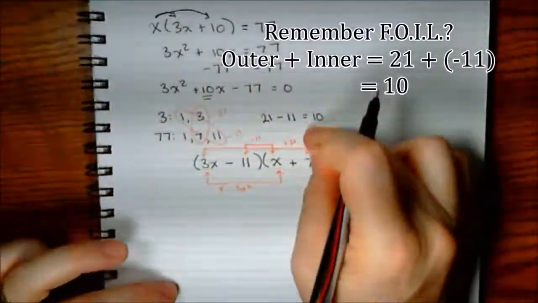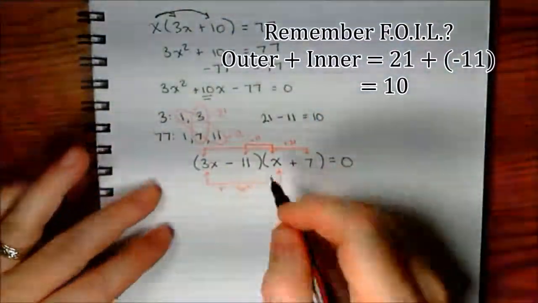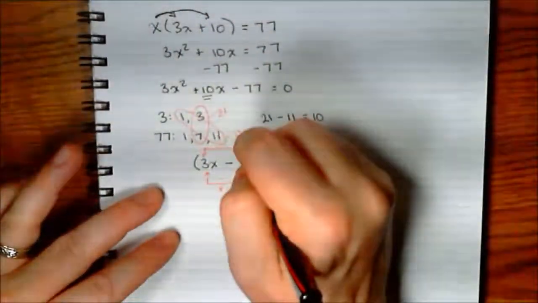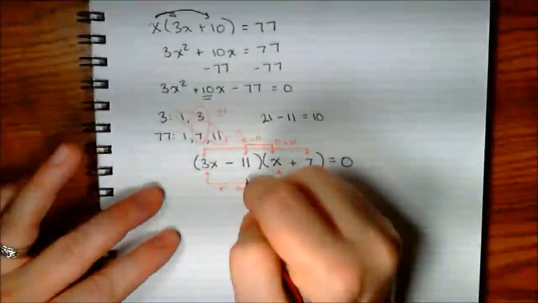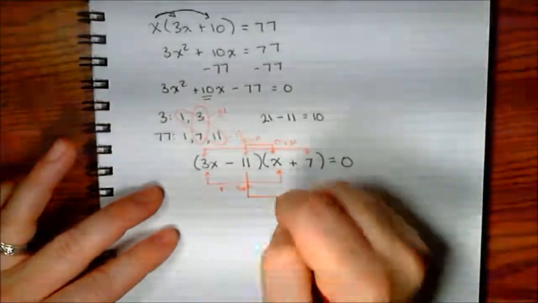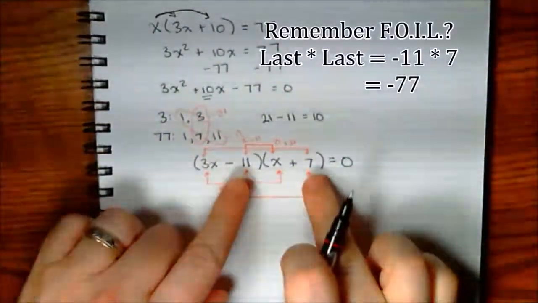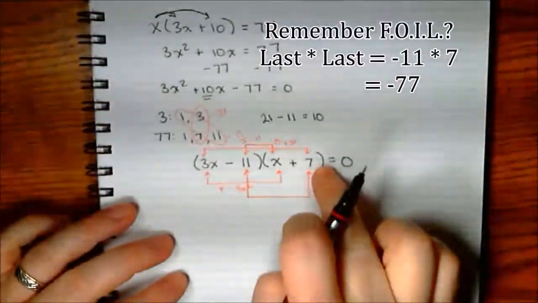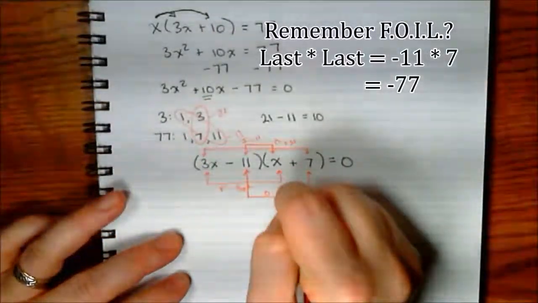So 21 minus 11 will give us that 10. So this is the inner, and this is the outer. And finally, dealing with the last two numbers, negative 11 times 7 gives us negative 77.